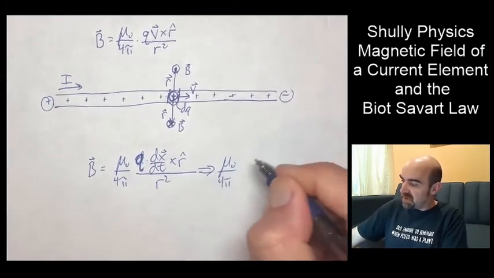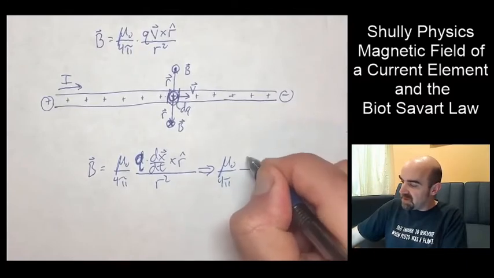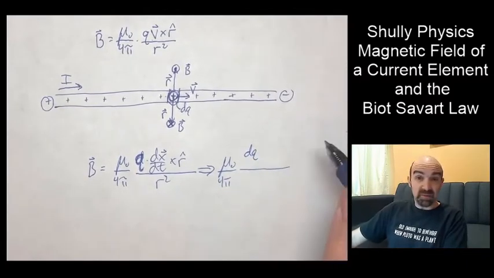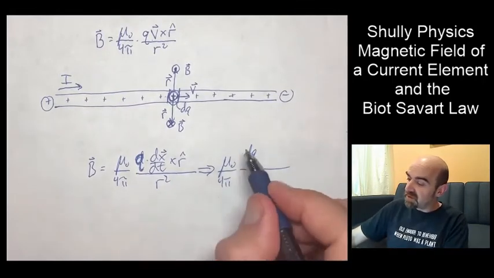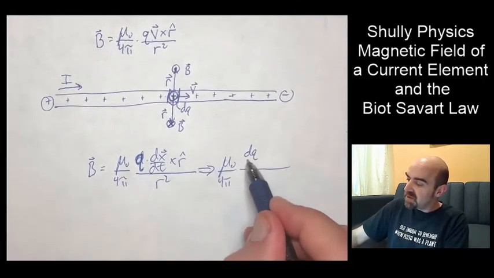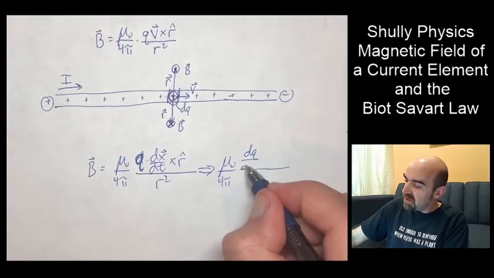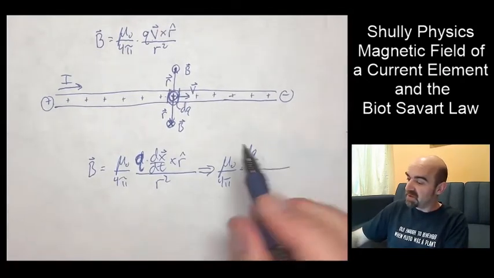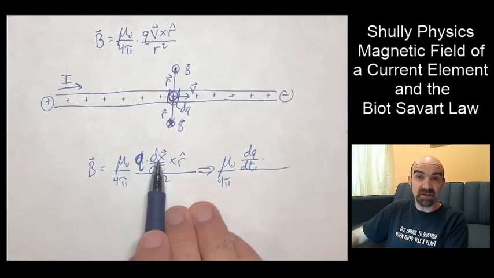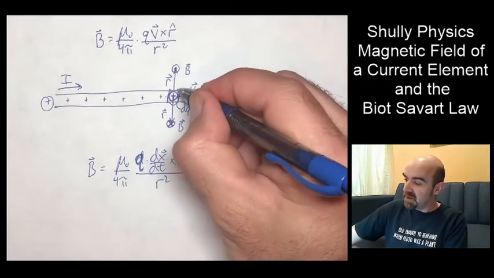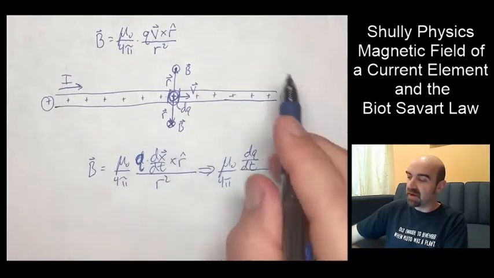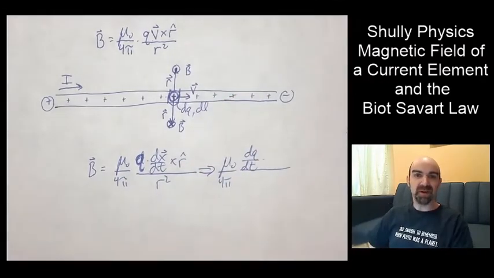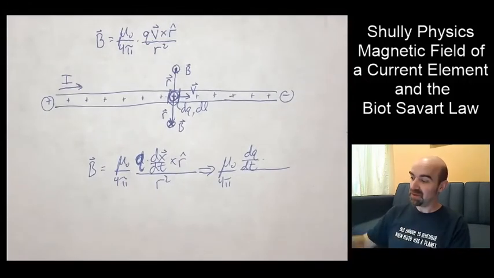So let's rewrite our first part there. We've got really a dq times dx over dt, but I'm also going to move this dt over to underneath that dq because we're going to relate that to the current flow. And what's left is a small section of the wire. If this is the length of the wire, I'm going to call that small section dl to go along with that little tiny charge dq.